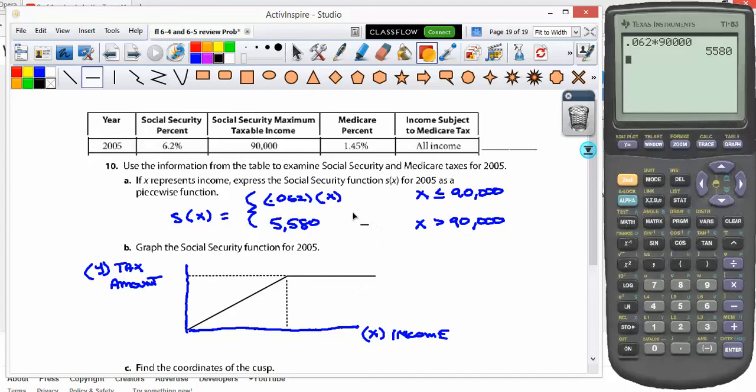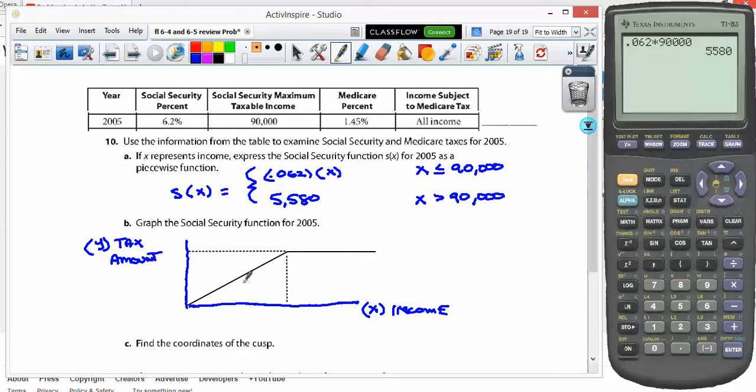And where that's going to flatten out, on the income level, is right at 90,000. And the tax amount at that point, which is right here, is 5,580.